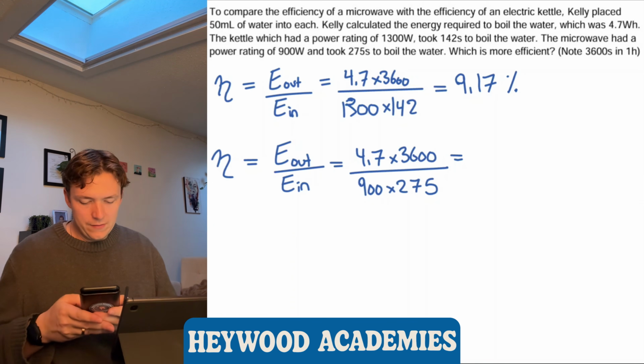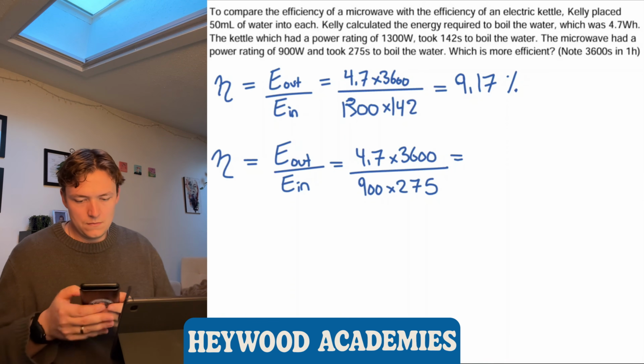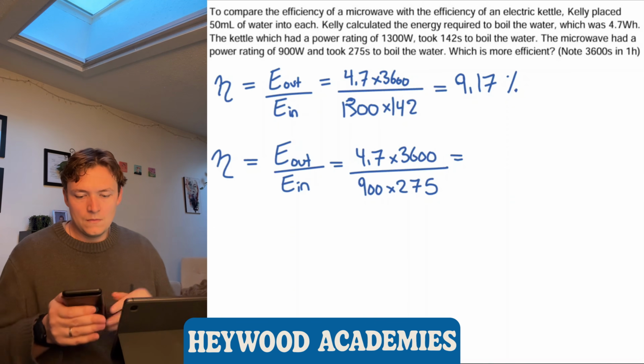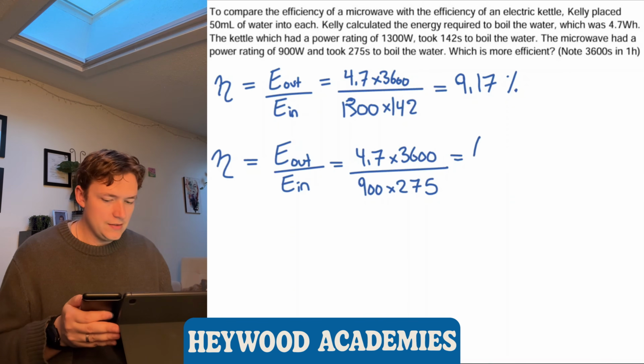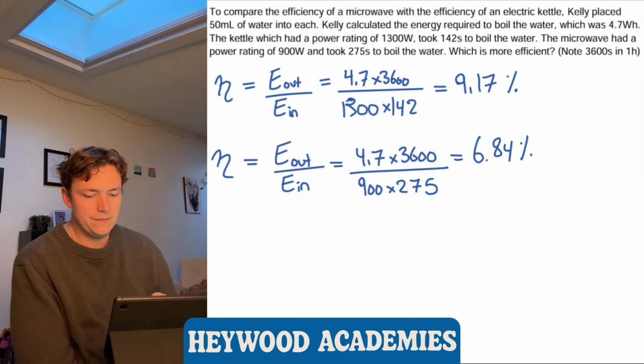Okay, then same for the other one. That gives us 6.84. Okay, so from this, the kettle was more efficient.